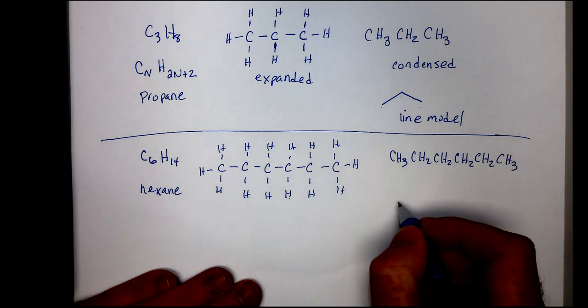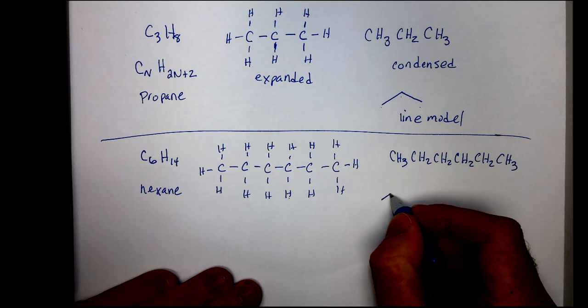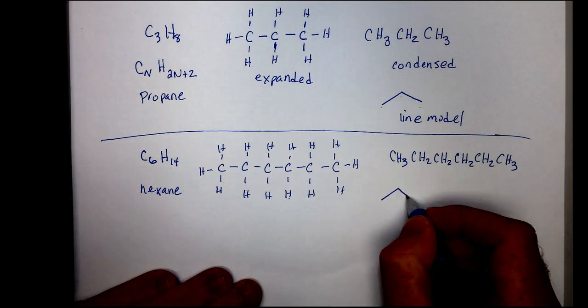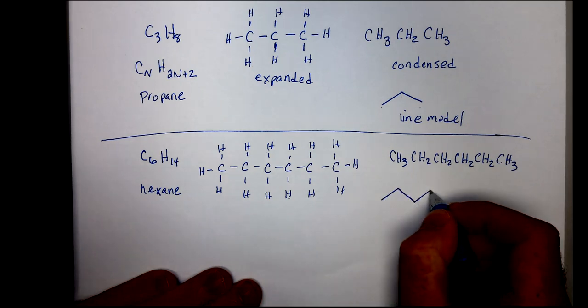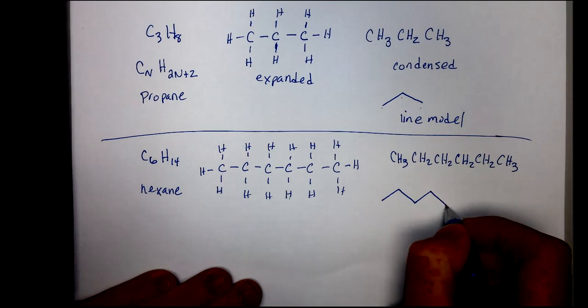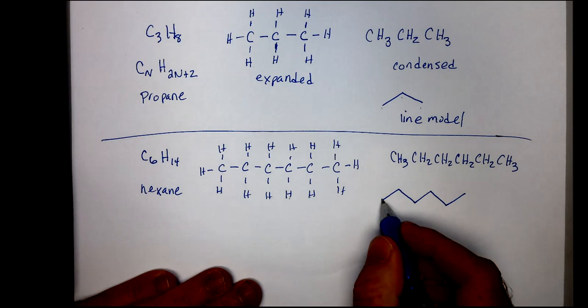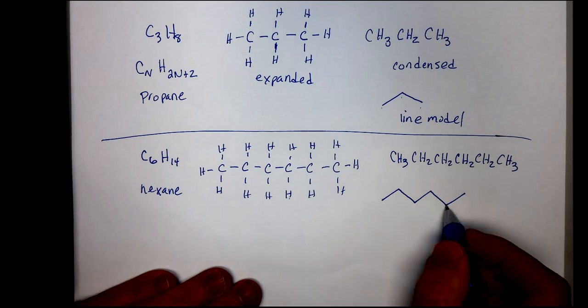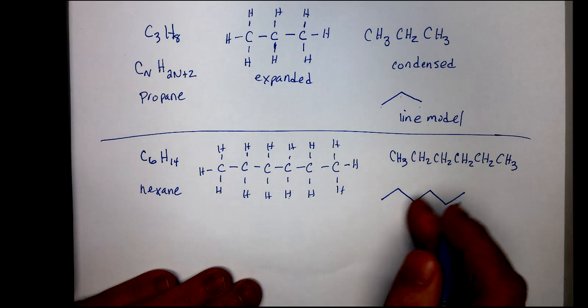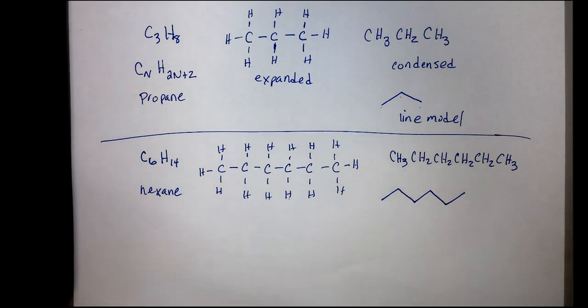Now, if we want to do the line structure, we need to count. So we go 1, 2, 3, 4, 5, 6. And so that would be our line structure. Counting again, 1, 2, 3, 4, 5, 6. So each end and each corner represents a carbon atom. And so that would be a good line structure for hexane.